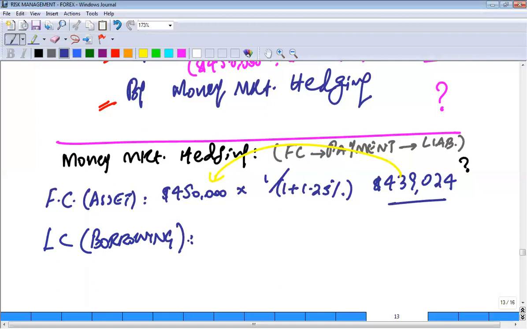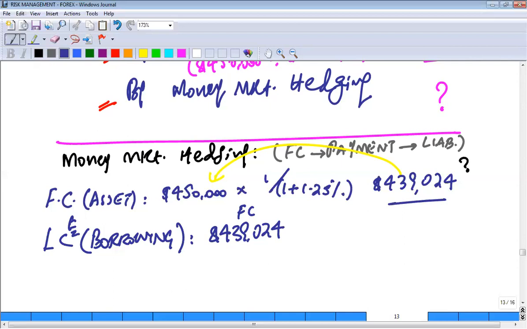We have to borrow 439,024. Do remember our local currency in this question is sterling. This is our foreign currency. So if we want to borrow the local currency sterling, what is this value?